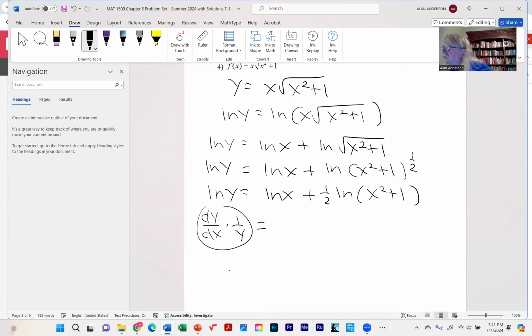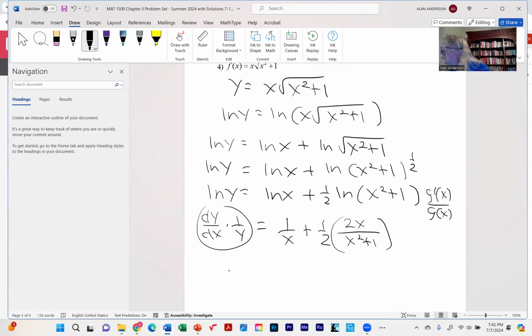Now here, this one will just be 1 over x. Here, we do have the log of g of x, so the derivative will be g prime of x over g of x, which means 2x over x squared plus 1.